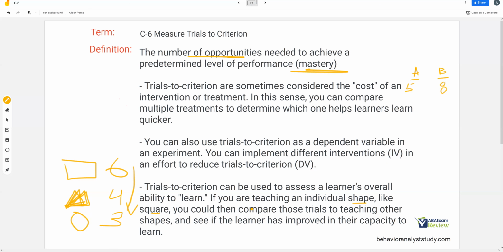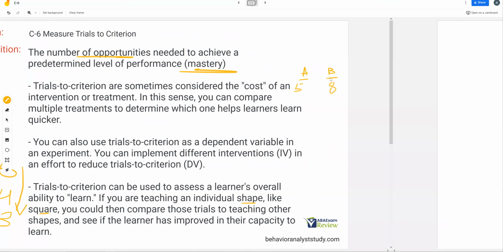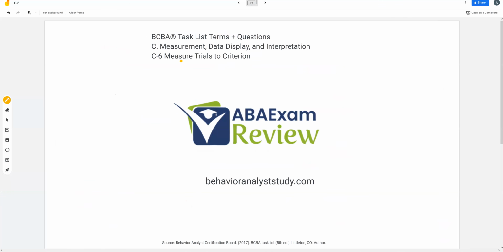So again, you can use frequency and rate and duration and all these different direct measures, convert them to trials to criterion, and start to get a better idea of 1, how your interventions are performing, and 2, how well your learners are learning. So that's really it for trials to criterion. It is interesting that it's its own task list item. You would think it might be paired with another derived measure, like maybe percentage, right? But it's not. So we separated it out.